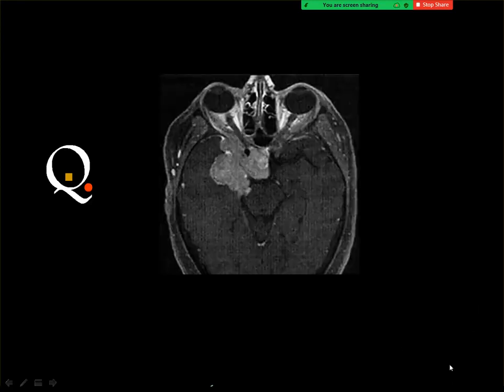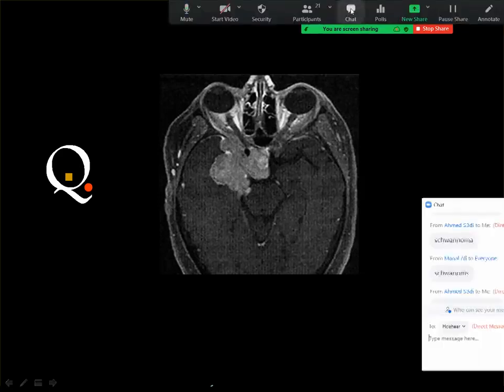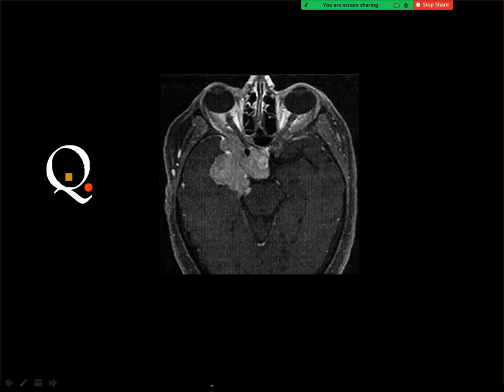Then this patient with this lesion that is homogeneously enhanced, located at the orbital apex in the suprasellar and the parasellar area. Meningioma, yes, the answer is right.